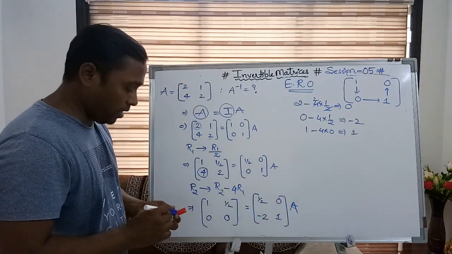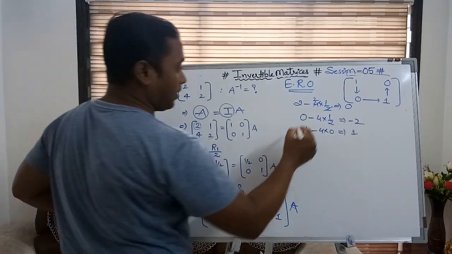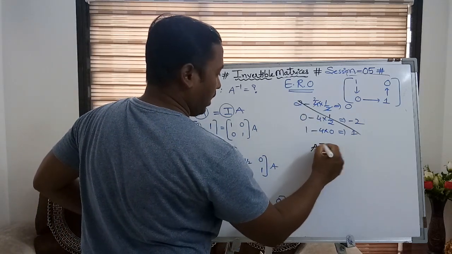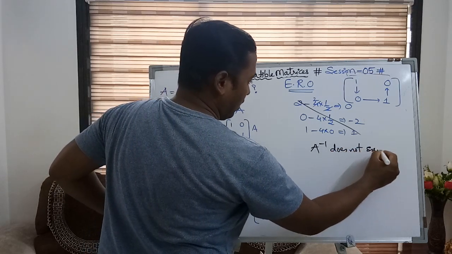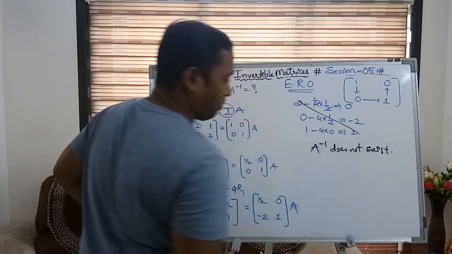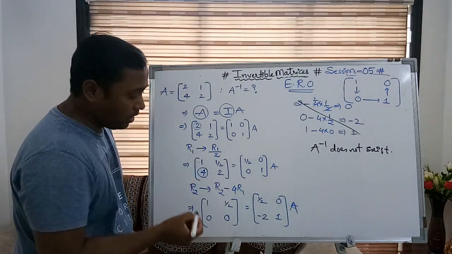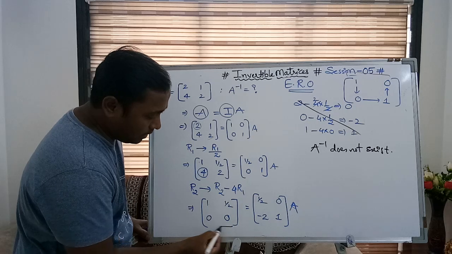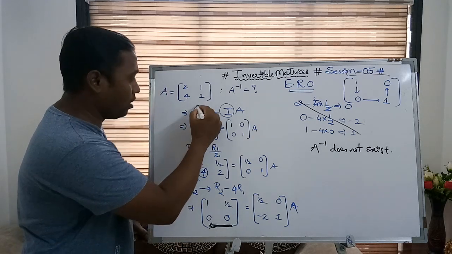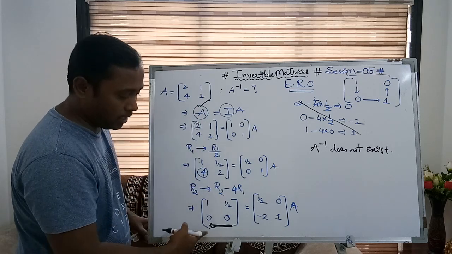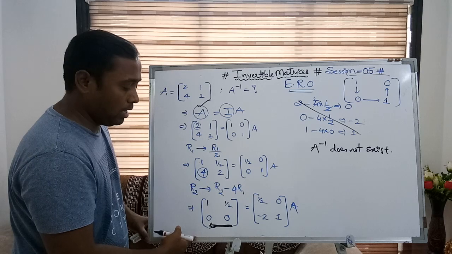Now further we can simply say here that A inverse does not exist. A inverse does not exist. Surprise, right? Simple, eh? How can I say this? If you observe the elements, the second row elements of the left hand side matrix have become 0 by doing this operation.